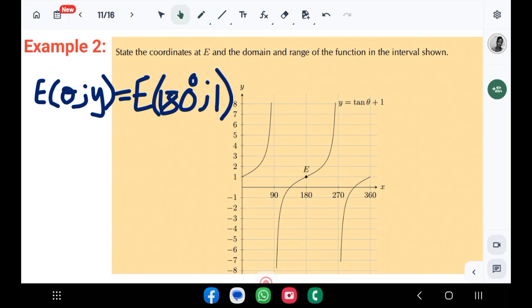Now, as for the domain, it is between 0 and 360 degrees, but not including 90 degrees and 270 degrees, because those are your asymptotes.